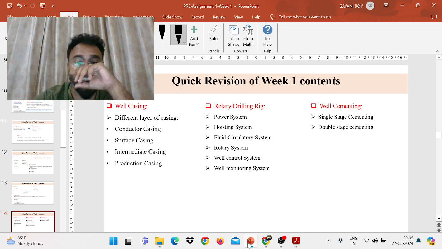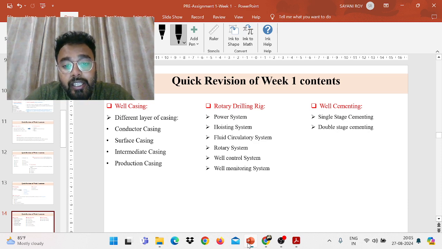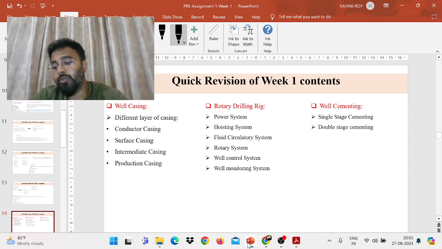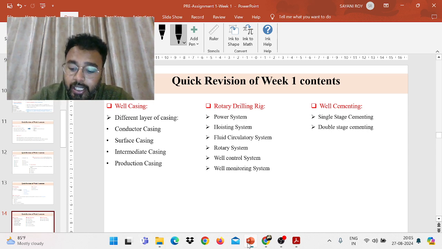Then there is the rotary drilling rig system, which I told you, in today's generation we mainly use. In the rotary drilling system we have the power system, the hoisting system, and the fluid circulatory system, that is the mud system that I have already told you.